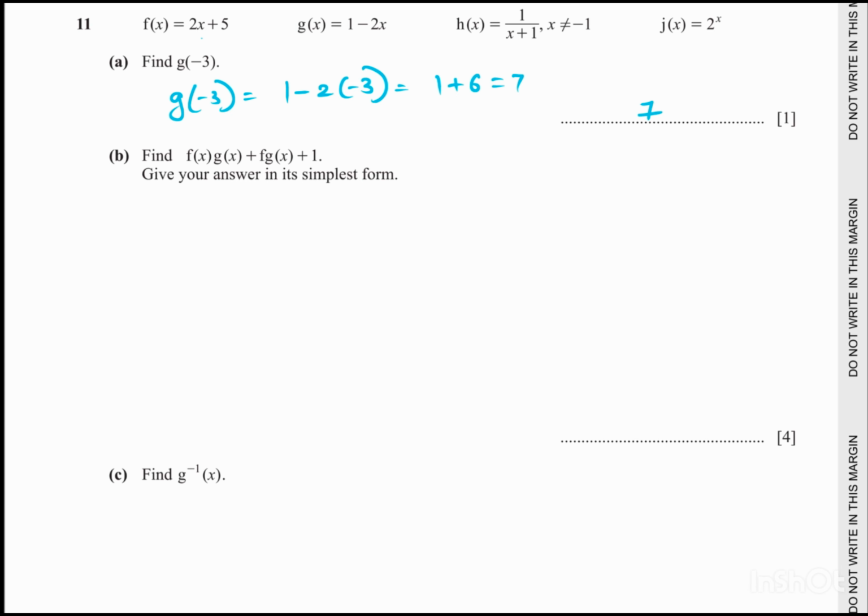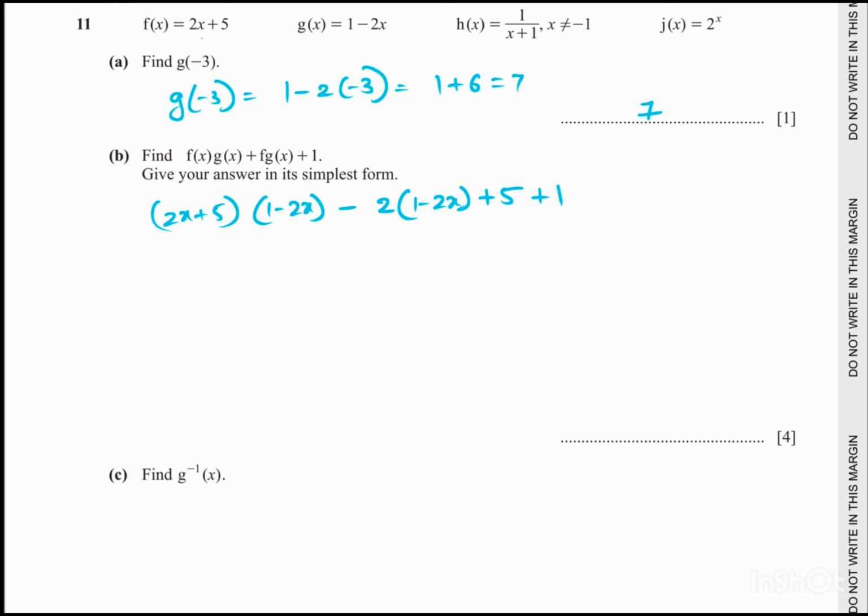Question number B. Find f(x) g(x) minus f(g(x)) plus 1. So the f(x) function is given, which is 2x + 5, multiplied by the g(x) function, that is 1 - 2x, minus f(g(x)). g(x) is already 1 - 2x, then f(1 - 2x) will be 2 into, in x's place you will put (1 - 2x), plus 5.